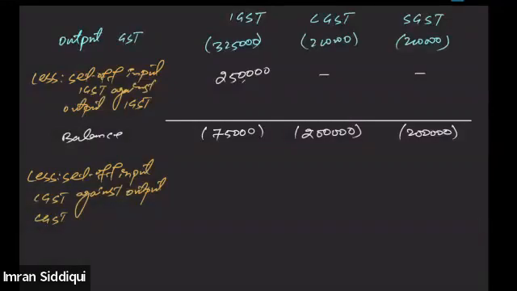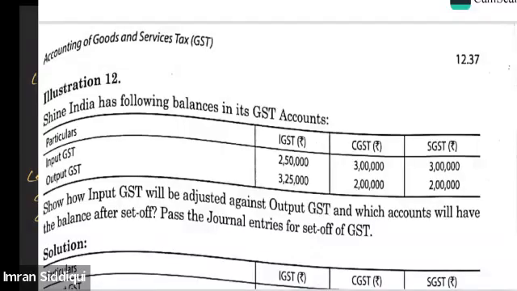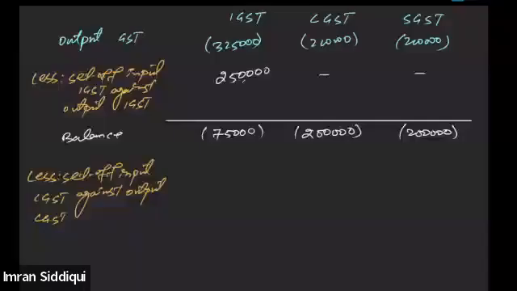So the amount of input CGST was how much? It was given in the question. Let me check. Okay. So input CGST is 3 lakh and the output CGST that we have collected is only 2 lakh. That means we won't be able to completely set off the input CGST with the output CGST.